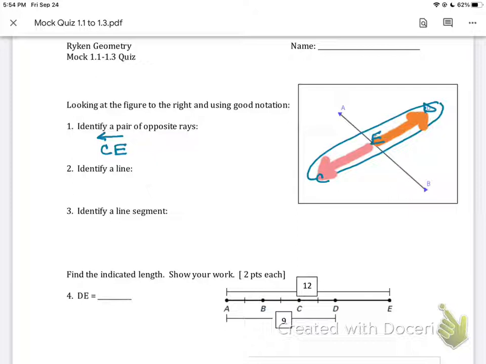And the other ray that's opposite it is ED, and that arrowhead goes this way because the D has the arrowhead closest to it.